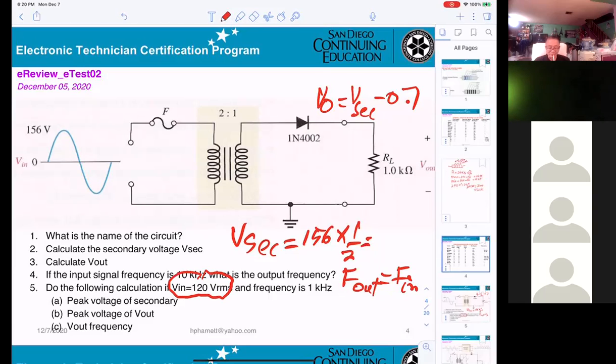The only tricky part is they give you VRMS and they ask for VP, so you must convert. And V out, same thing. The output frequency will be the same.